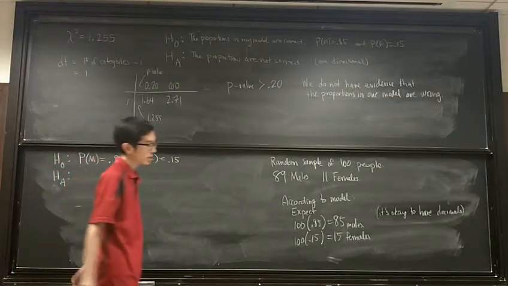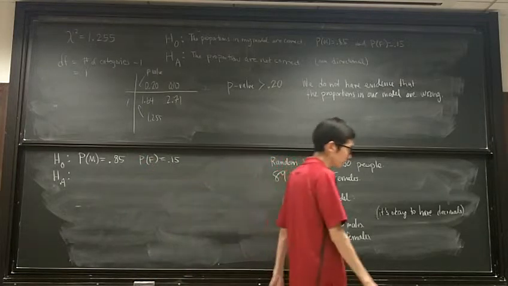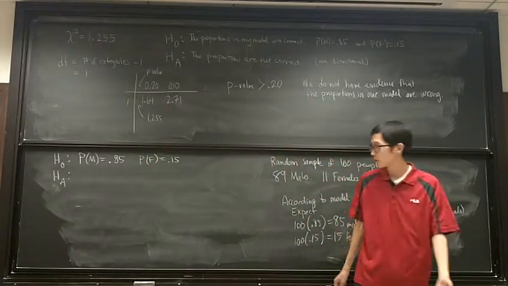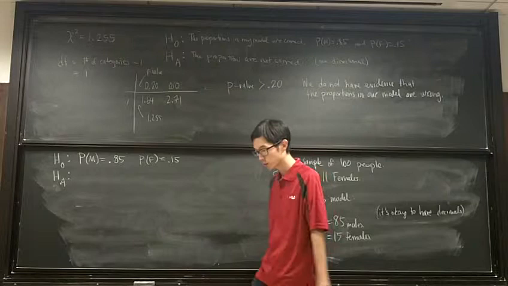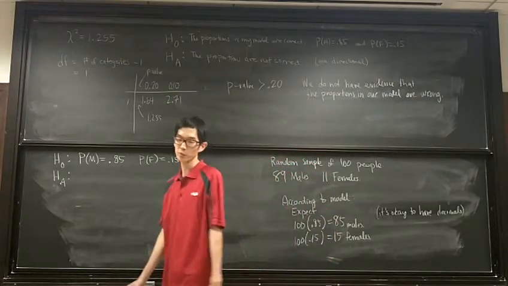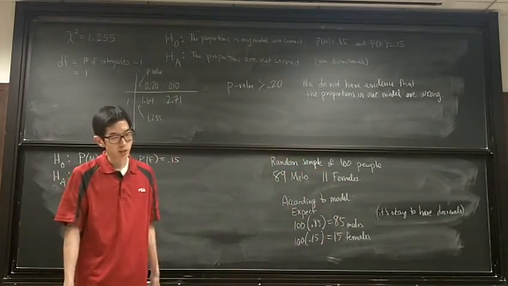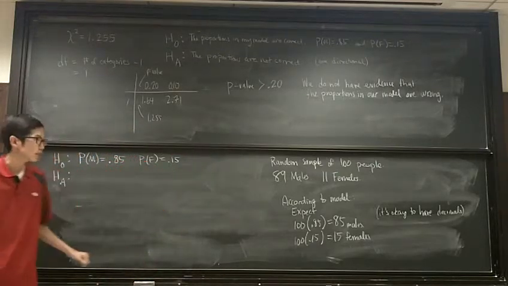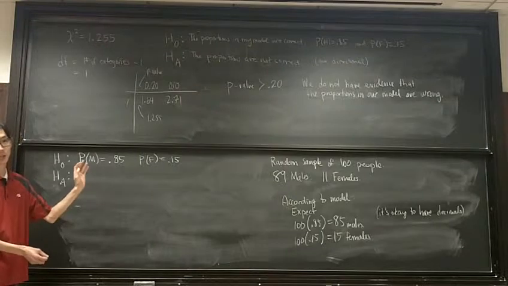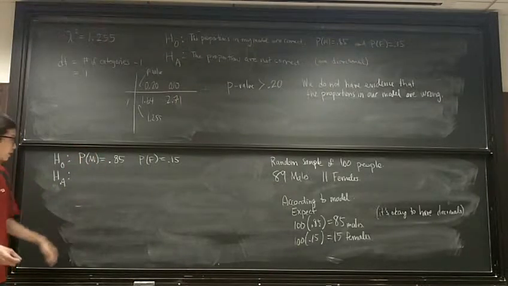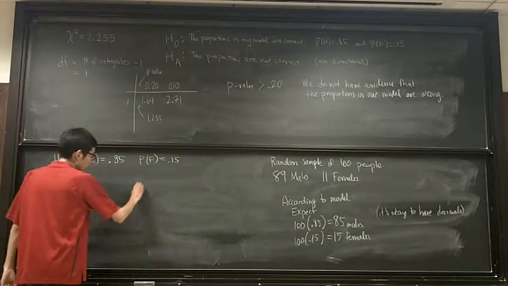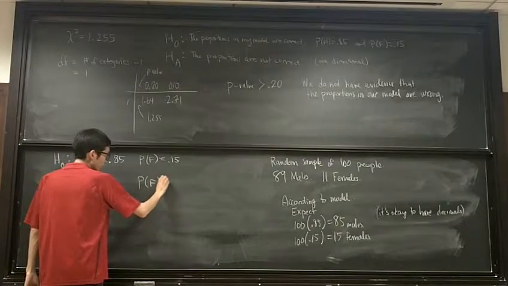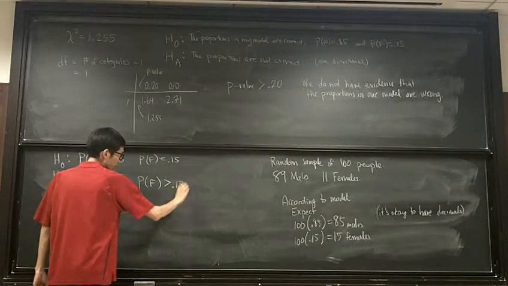A directional alternative. So somebody says, I think the Army is 85% male and 15% female. And someone says, no, that can't be right. There's got to be more women than that. So that would create a directional alternative. Specifically, it would be that the probability of female is greater than 0.15.